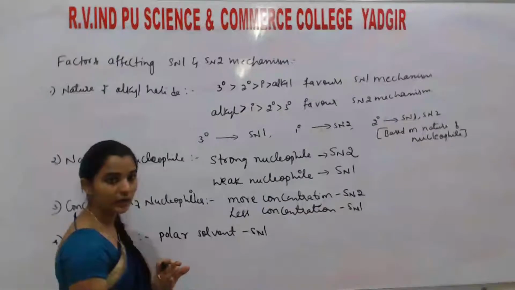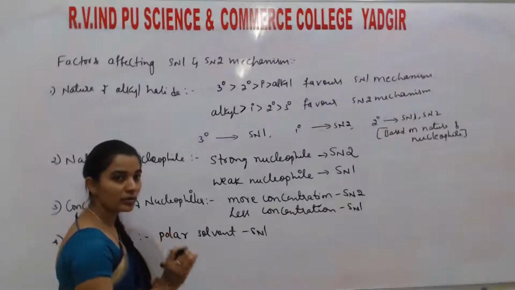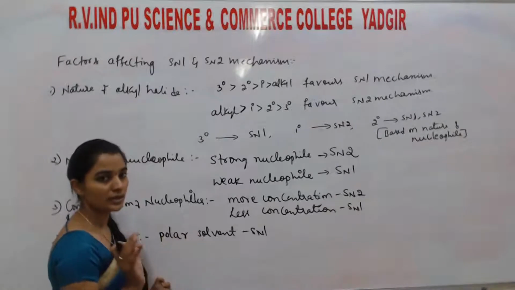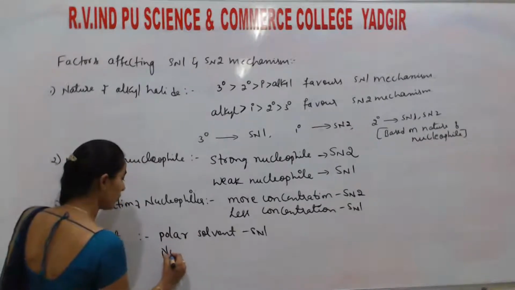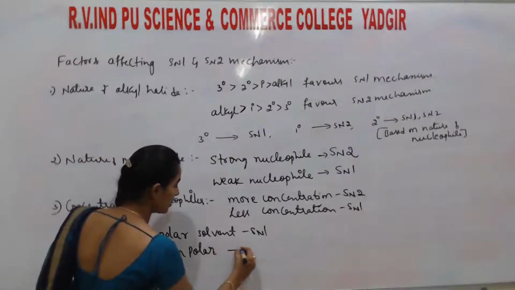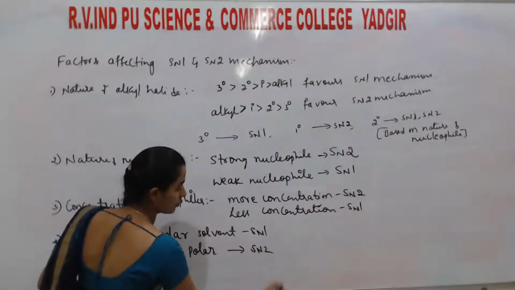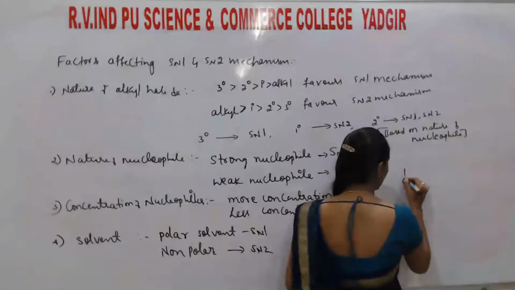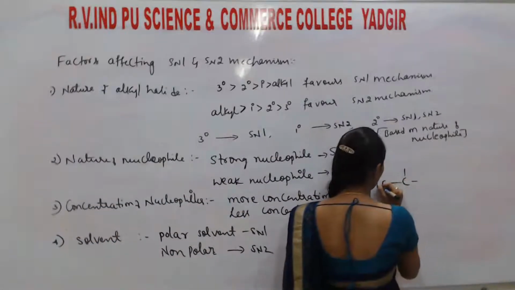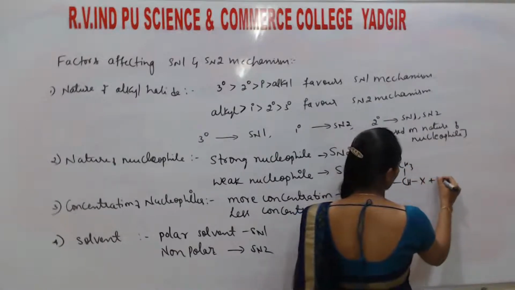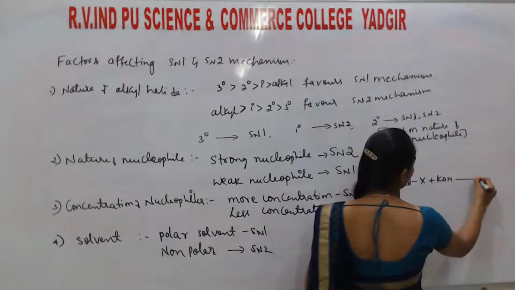A polar solvent can easily dissociate into plus and minus ions. If a non-polar solvent is there, then that is SN2. For example, any tertiary alkyl halide is given like CH3, CH3, CH, X plus KOH.